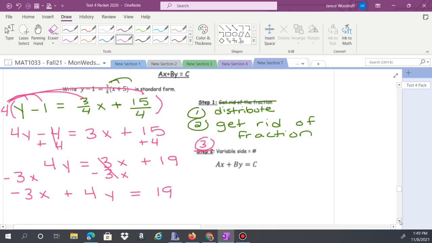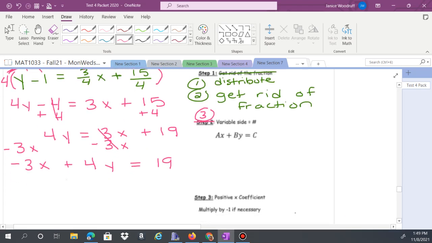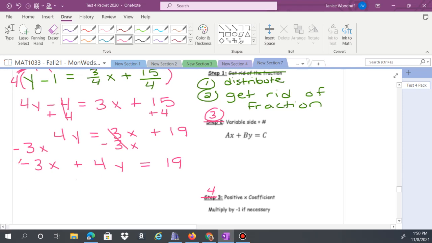And then the last step, I need x to be positive. Okay, so that's step 4, which means I need to multiply the whole thing again, now by -1. So multiply by -1, that'll give you a positive 3x minus 4y equals -19.